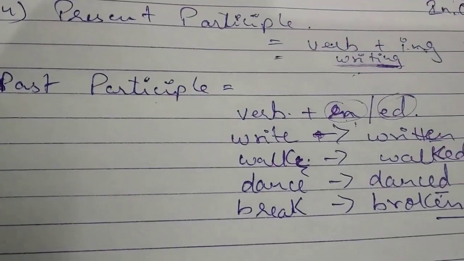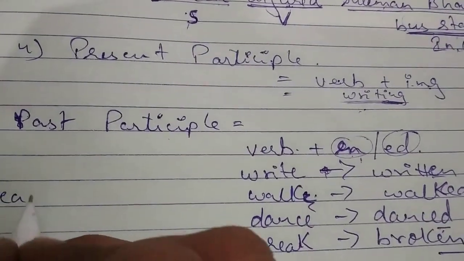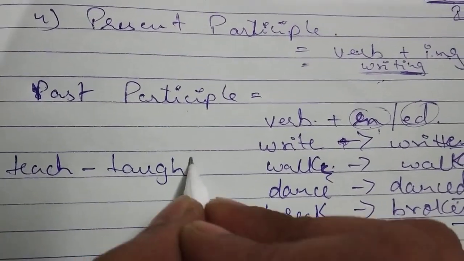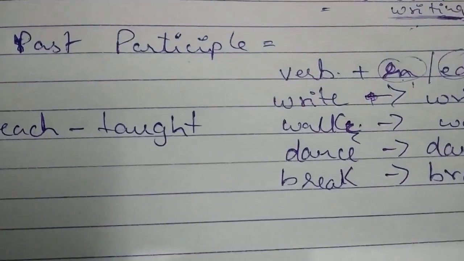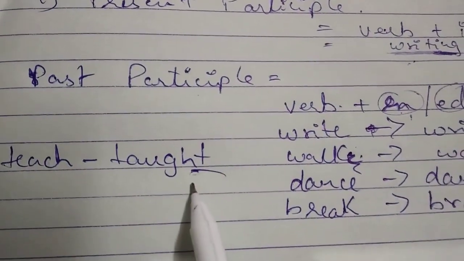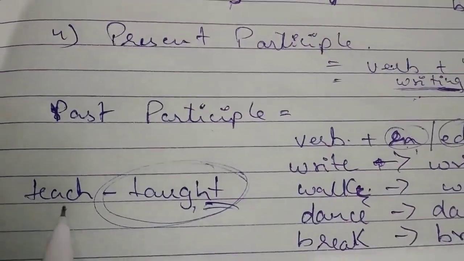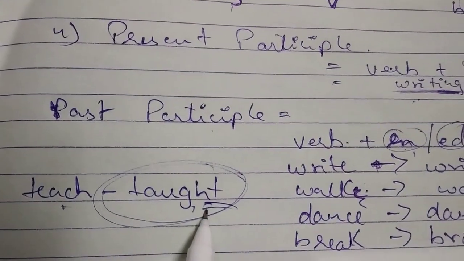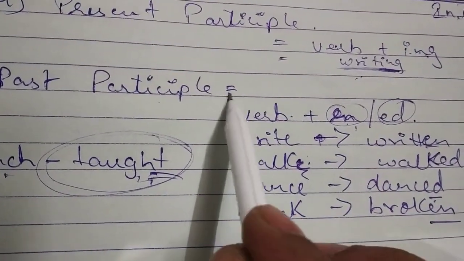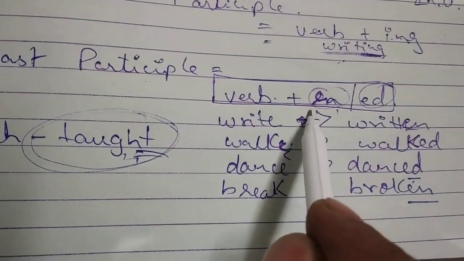But there are also many verbs such as teach. Its past participle is taught. Now over here, no en is there, no ed is there, nothing is there, but this is also the past participle of teach: taught. So generally en and ed are added after the verb, but it is not always.